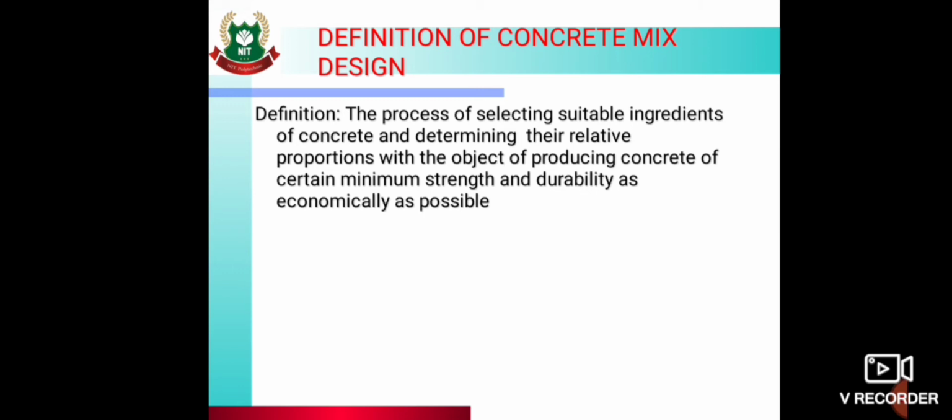Means we will select good aggregates, good quality cement, and good quality water. Then we will determine the relative proportion of each and every ingredient of concrete, with the object of producing concrete of certain minimum strength and durability, and that also economically. Means we want minimum strength and durability, but economy should also be considered. So this is the definition of concrete mix design.